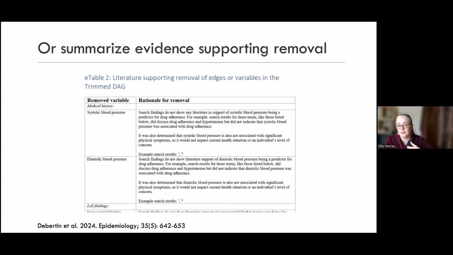And it was not something that they could detect for themselves. It didn't have symptoms. We didn't find any literature to support it. We had some search results that provided some evidence for that, but mostly this was a summary of expert discussions.